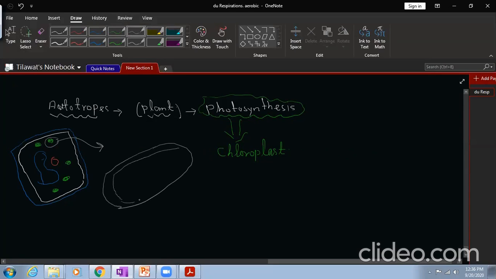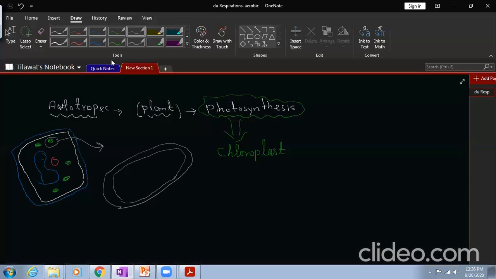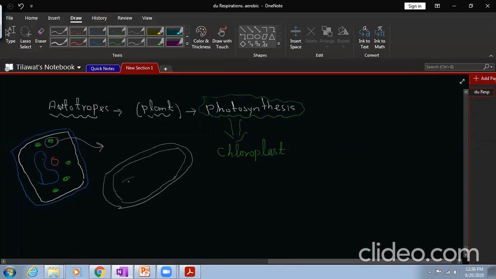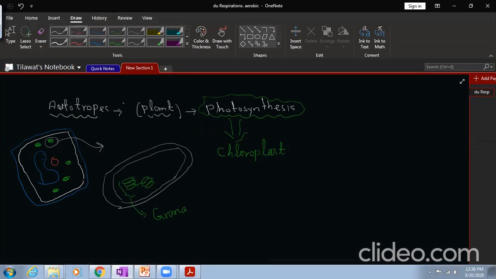Now inside this chloroplast there are some sac-like structures. That sac-like structure is called grana. Singular is granum, while plural is grana. And the region that covers the grana is called stroma.